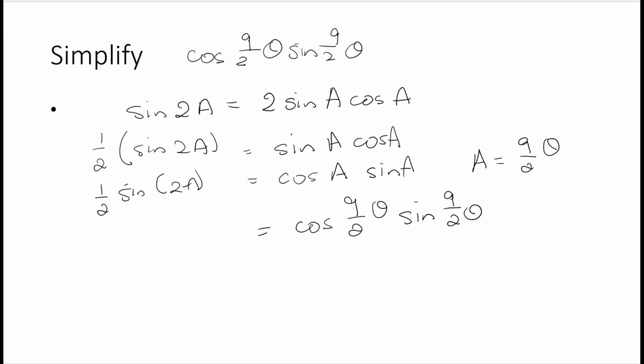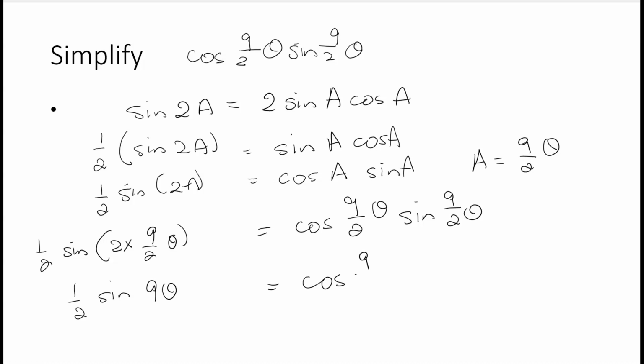Better do the same on the left hand side. So that's a half sine 2 times 9 over 2 theta. So that left hand side now becomes a half sine 18 over 2 is 9 theta equals cos 9 over 2 theta sine 9 over 2 theta.